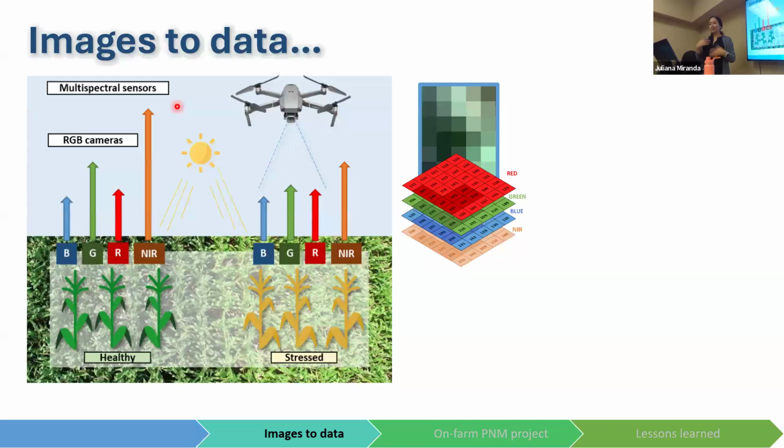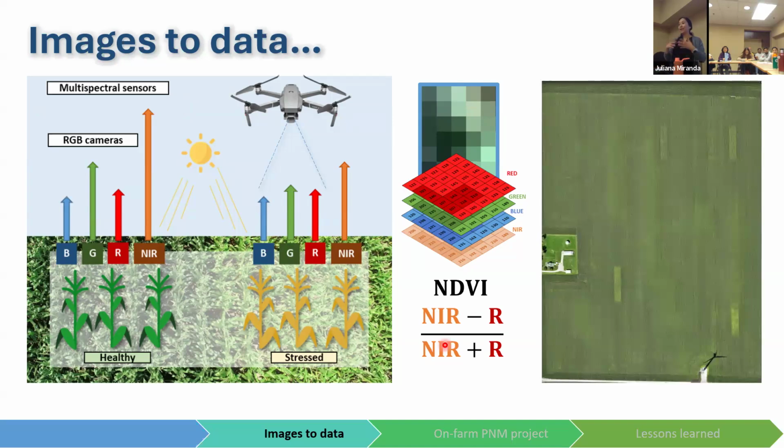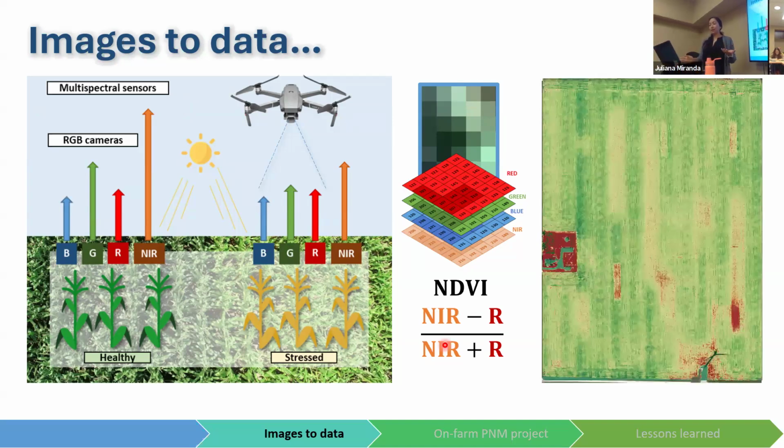So then we use these numbers, called digital numbers, to calculate vegetation indices or plant health indices that are going to tell us the status of the plant. So we go from having an image to having data that we can use to make decisions.